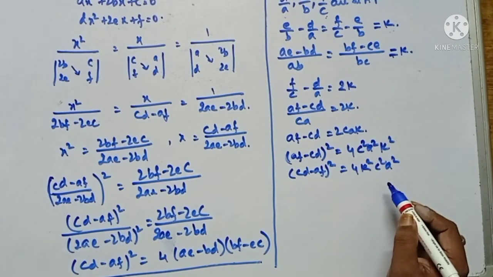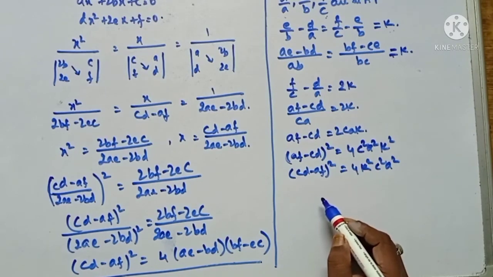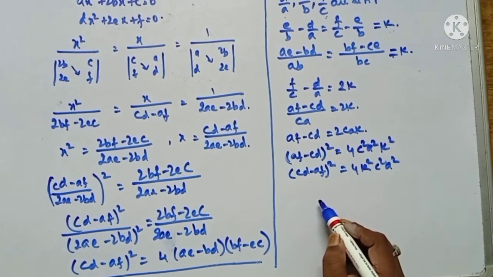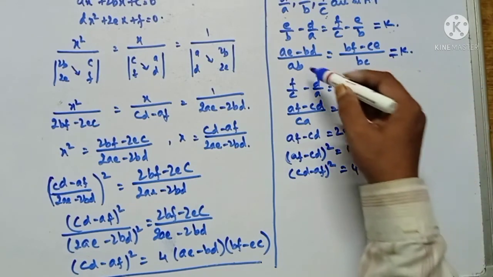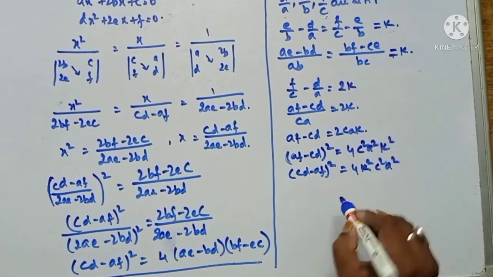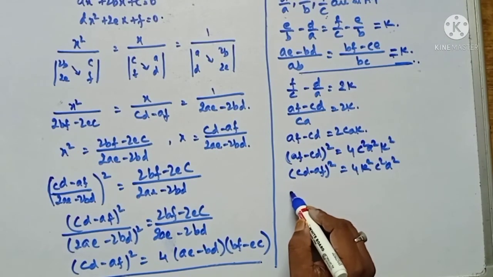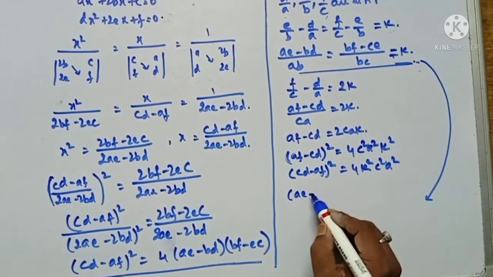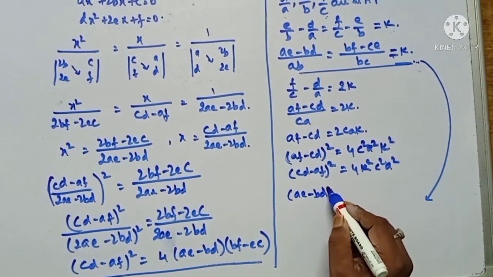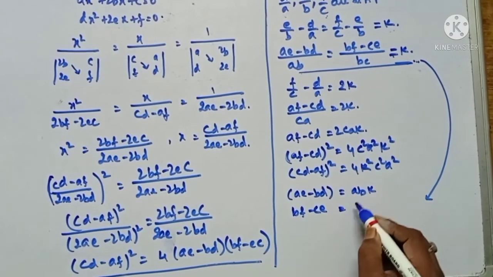You see one thing, that is CD square. So one thing from here, from this part, and from this equation you get AE minus BD is equal to ABK, and BF minus CE is equal to BCK.